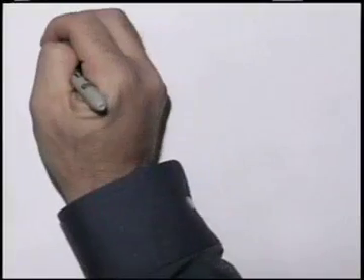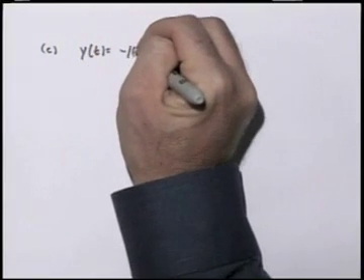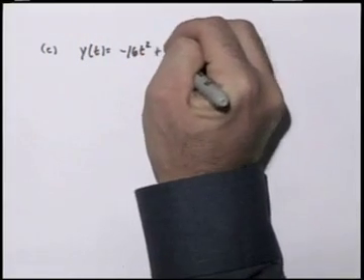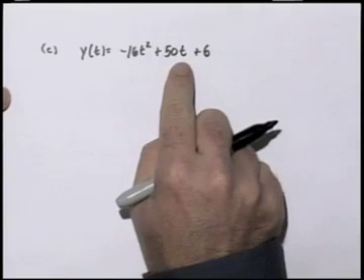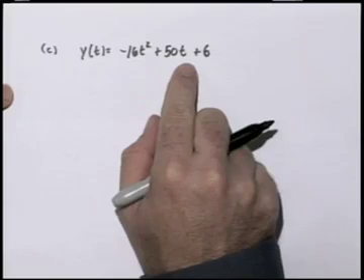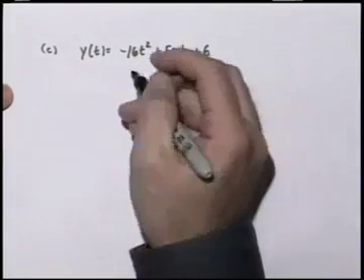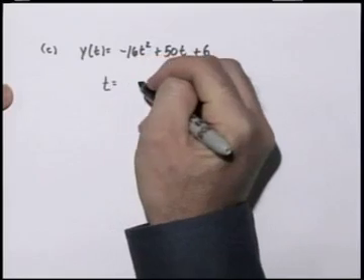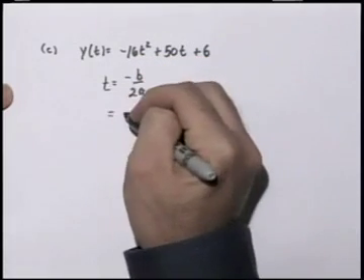Now we want to determine when the ball is at its maximum height and determine the maximum height of the ball. What we need to do is remember that y of t equals negative 16 t squared plus 50t plus 6. Because this is the equation of a parabola, or its graph is going to be a parabola, the time of the maximum height is going to be found by computing negative b over 2a.